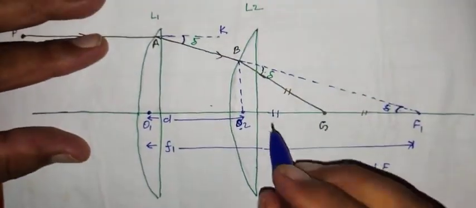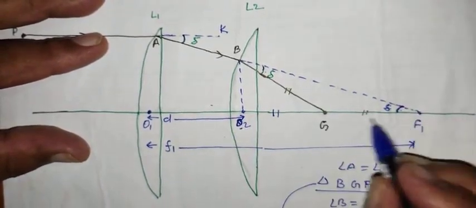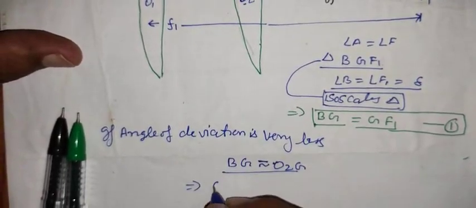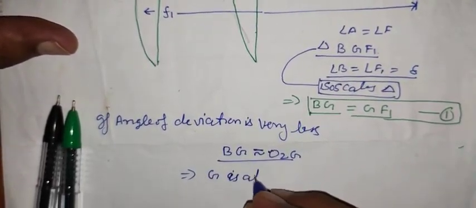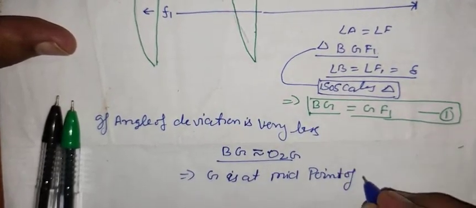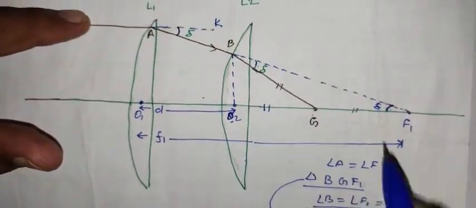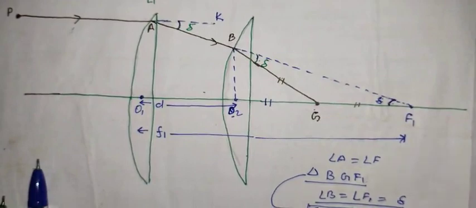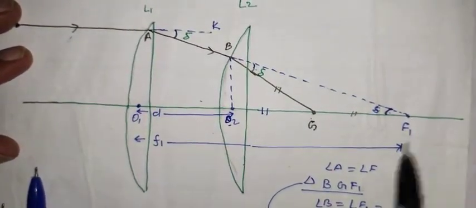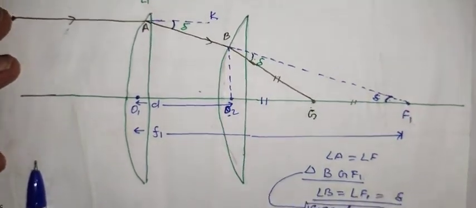See in the diagram, if you take these two as equal, then in O2F1, G is a midpoint. So this implies that G is at the midpoint of O2F1. Now see in the diagram very carefully. The image formed by the first lens at point F1 plays as an object for lens L2.